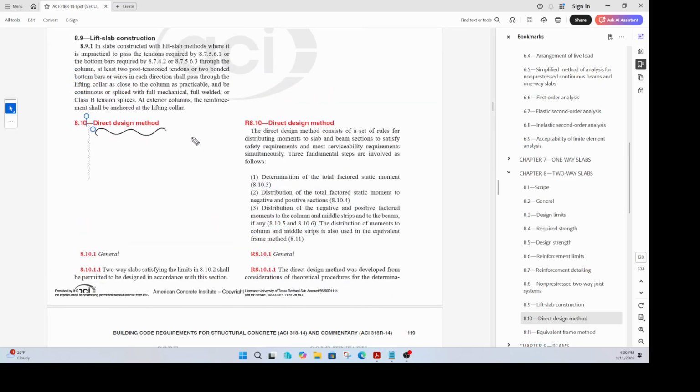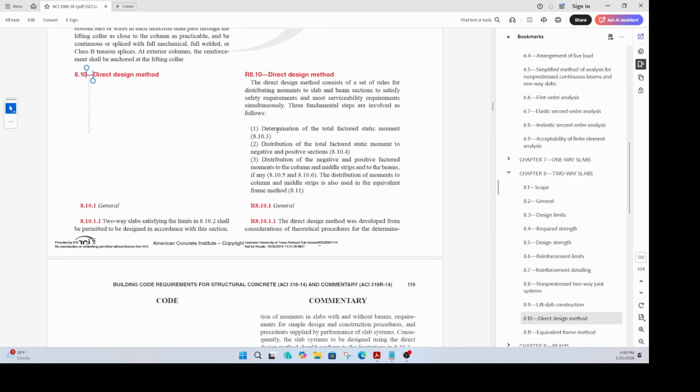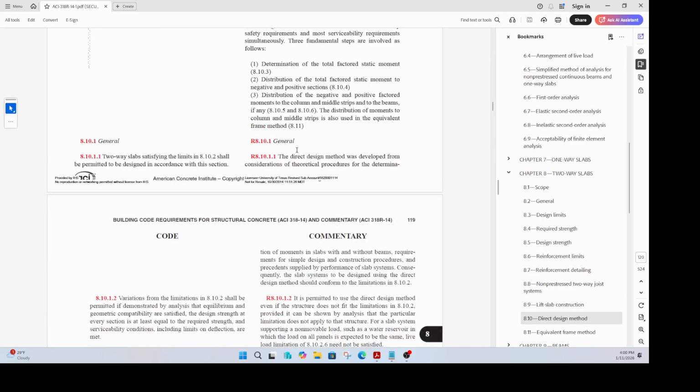This is how you design your slab. There might be some questions from this section. To apply the direct design method, there are certain conditions. Those conditions are all listed.